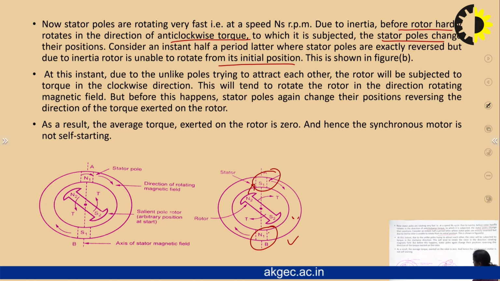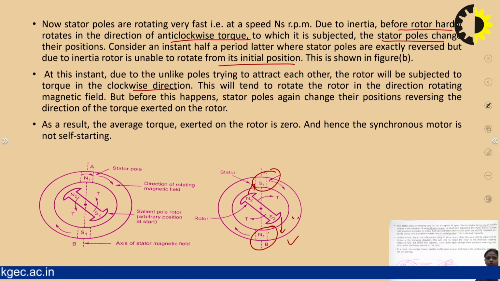N2 will move toward this S1 and this S2 will move towards this N1, right? At this instant, due to unlike poles trying to attract each other, the rotor will be subjected to torque in a clockwise direction. Previously the anti-clockwise torque was acting, and now the clockwise torque will be acting.